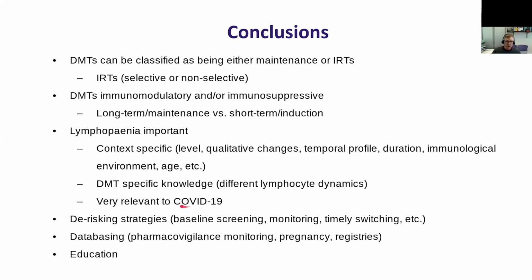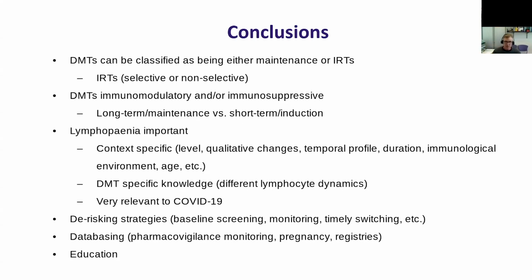Okay, there's just no shortcuts here. You have to have disease-modifying therapy specific knowledge, and you have to understand the dynamics for each agent. And this is extremely relevant for COVID-19, not only about making it safe if somebody got the infection, but also thinking down the line that if a vaccine does emerge, how are we going to make sure or consider making your patient vaccine ready?